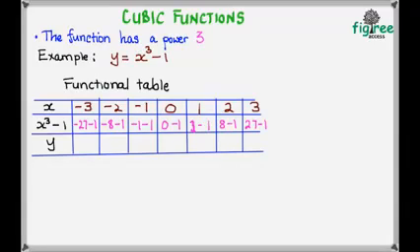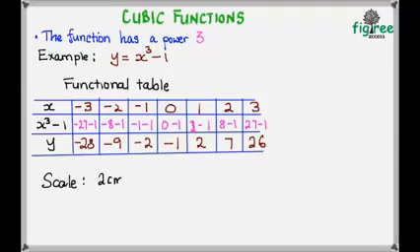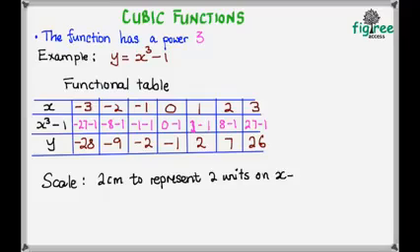Then 2 cubed is 8, and 3 cubed is 27. If we solve this, we get the following values: minus 28, minus 9, minus 2, minus 1. Here it's supposed to be 0.